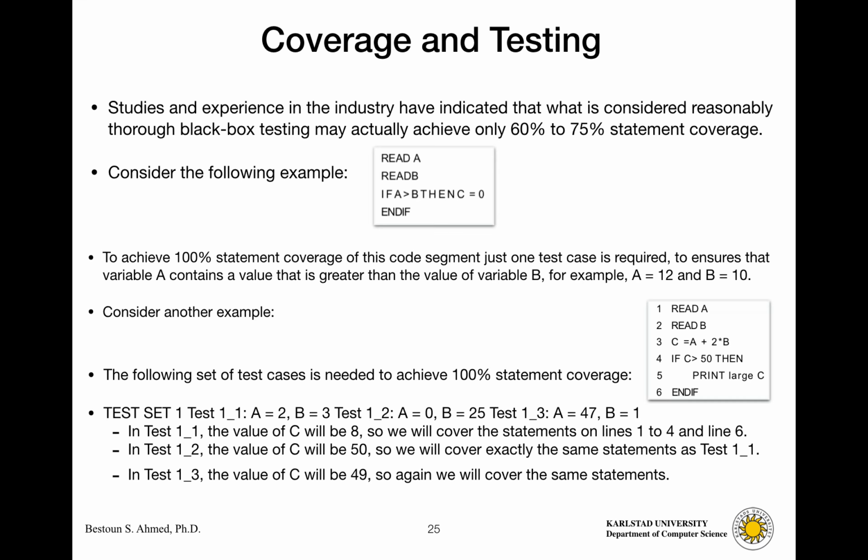So if, for example, a is 12 and b equals 10, that is one test case, and that test case will have 100% code coverage because you are visiting each line.